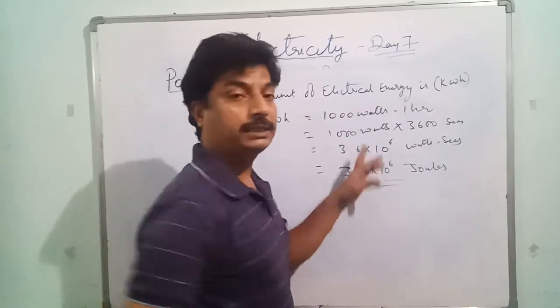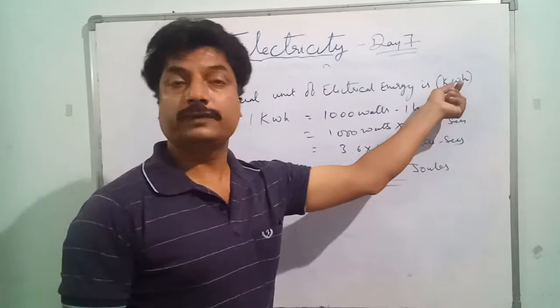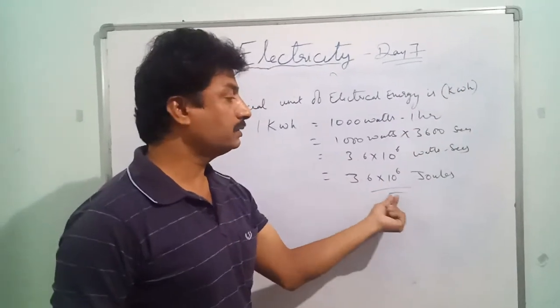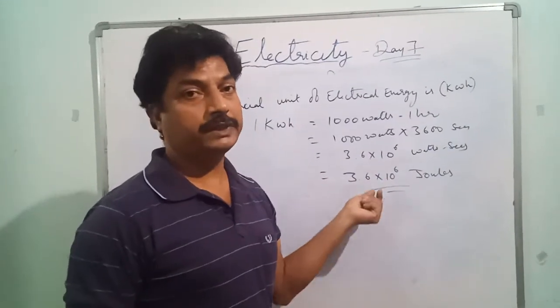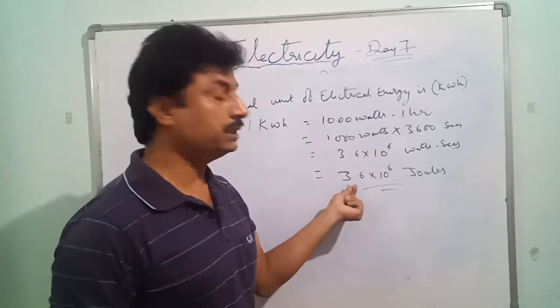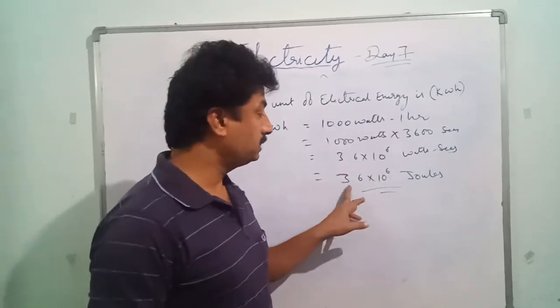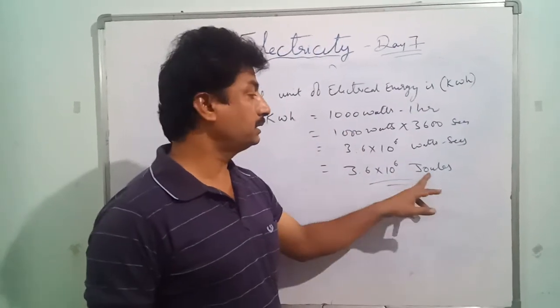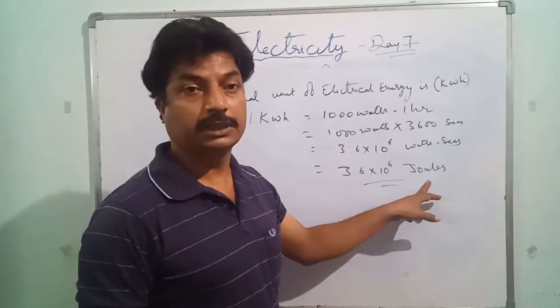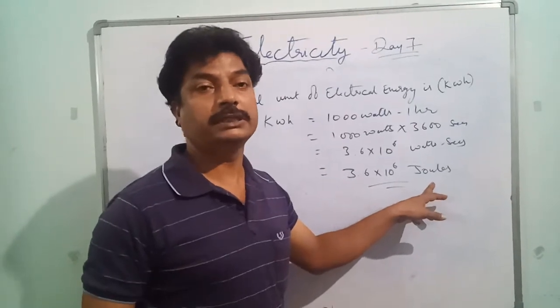This is the energy consumption. We can give it for the kilowatt hour also. We can also write it in terms of joules, if at all we have been asked in joules. So 1 kilowatt hour, if you are writing in terms of joules, is 3.6 into 10 to the power of 6 joules.